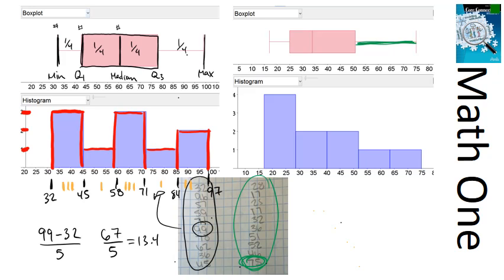Then I've got a 99, which would be in my last bin. Then I've got a 78, which is in roughly this middle bin. Then I've got a 62, which looks like it's in this bin. And then I've got a 36, which looks like it's in this bin. Then I got a 45, which looks like it's, geez, that's tough.